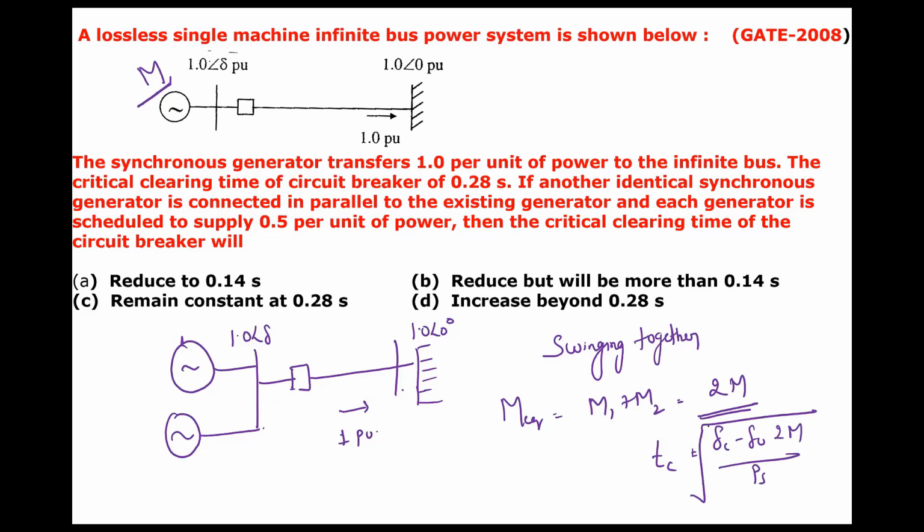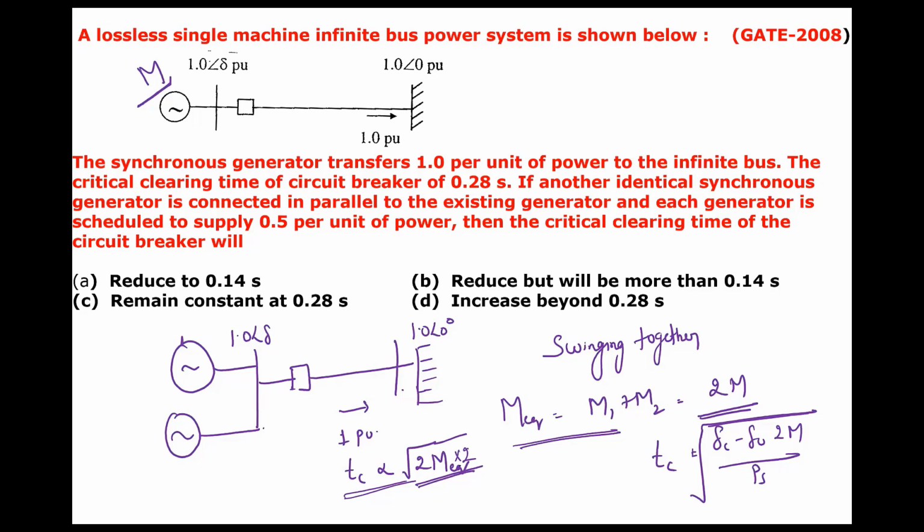So your critical clearing time is directly proportional to the square root of the equivalent M. Here, because both machines are swinging together, the angular momentum has increased, so your critical clearing time also increases by root 2 times, because it will become 2M. So the new critical clearing time is root 2 times the old critical clearing time.